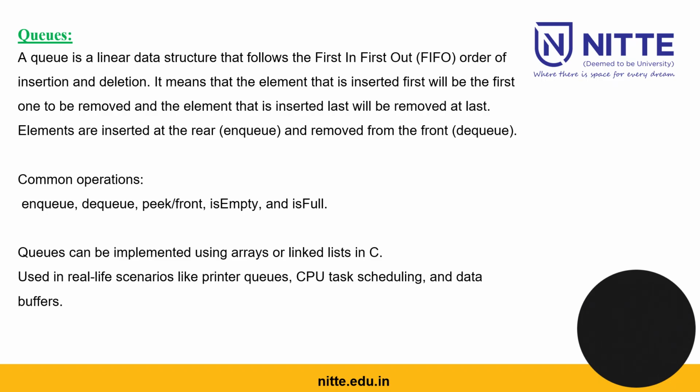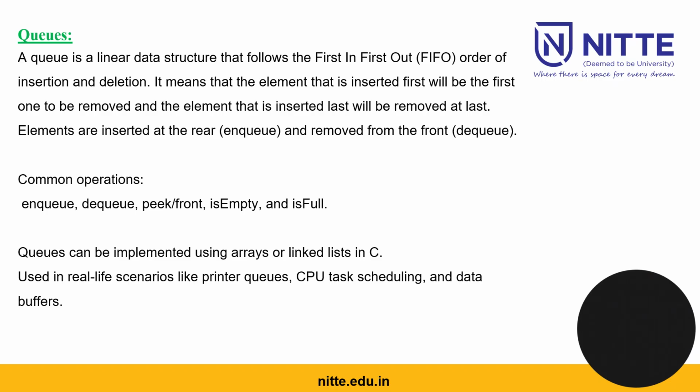Or you may take CPU task scheduling. Whatever task you have asked to execute first will be executed first, and then the next task. That means whichever task has been scheduled next will be executed next in the CPU. These are some of the different real life applications or scenarios where the queue will be used.